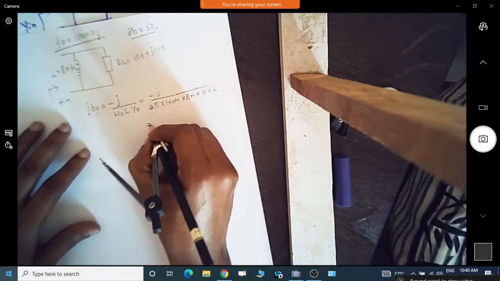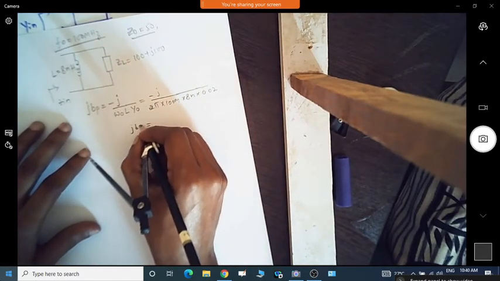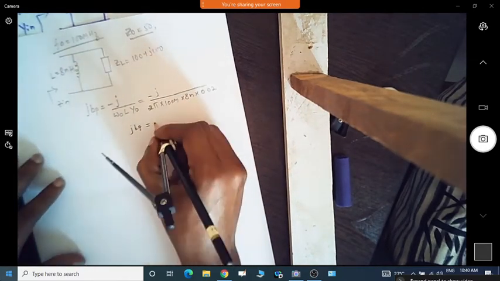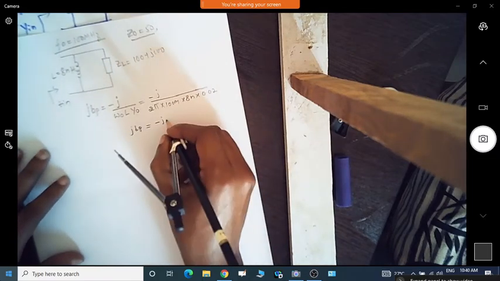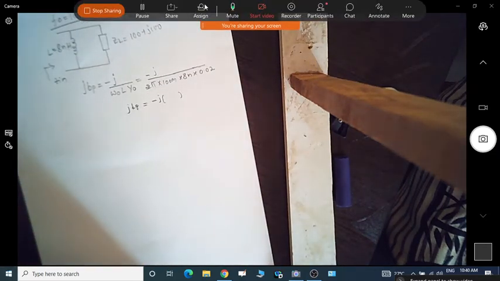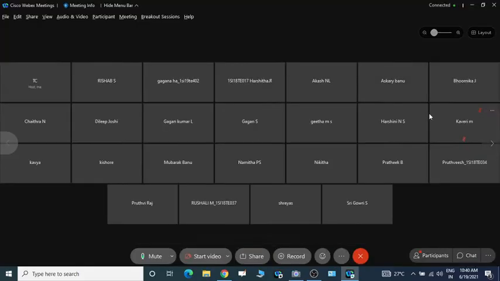Now we can find the susceptance offered by the inductor. Minus J into the value. Can you find out what the value is? Can anybody find this value?